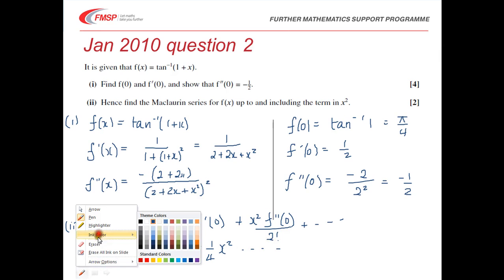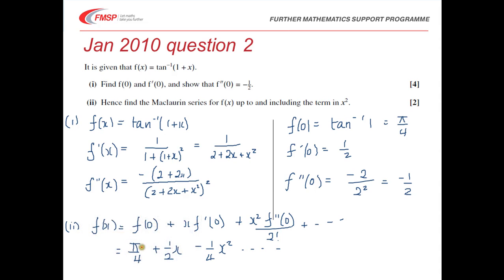So if we just check on the marks for that, so there were 4 marks for the first part, so you got a method mark for differentiating the inverse tan here.